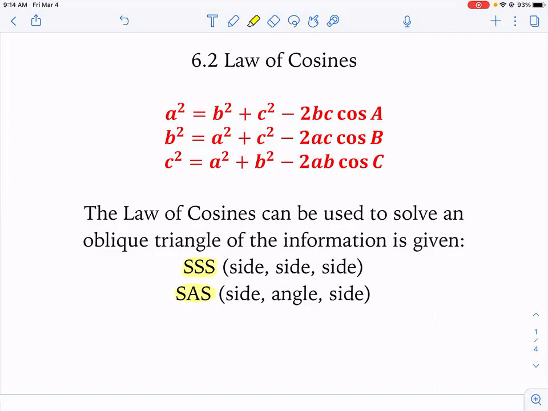Look for patterns as you're writing them down. If you know one, you know them all. And I'll talk through how I want you to remember it.